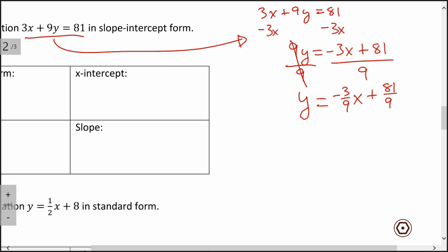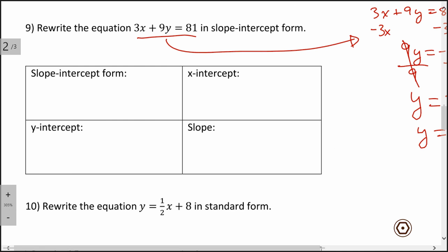I can reduce both of those, right? If I reduce them, it's negative 1/3 x, and 81 divided by 9 is plus 9. So we see a lot from this, where we've got a lot of the answer already dialed in. We'll go ahead and write this down, right? Y equals negative 1/3 x plus 9 is the equation in slope-intercept form.